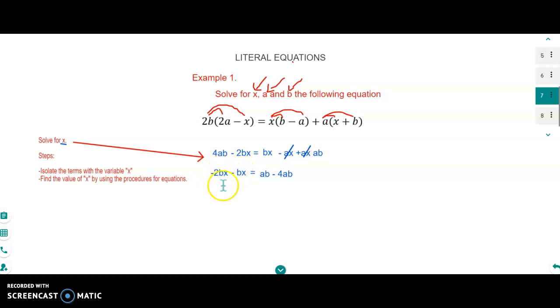So now we simplify this expression. What can we do in this case? Look at the variable x. We can use a common factor between minus 2bx and minus bx. It's convenient for us to isolate the value of x. So we can take the common factor x that multiplies minus 2b minus b, all right?